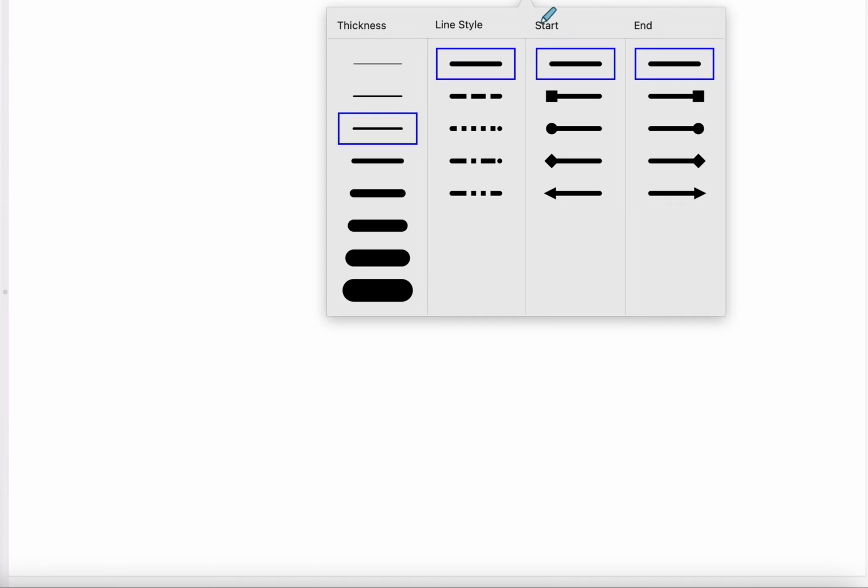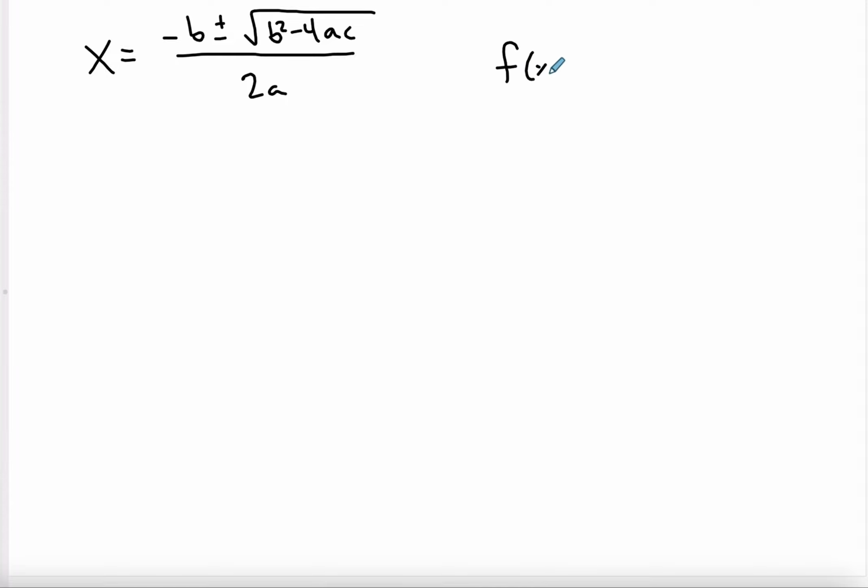All right, next question here. We're going to use the quadratic formula to figure out what the roots are, potentially imaginary, of the following quadratic.